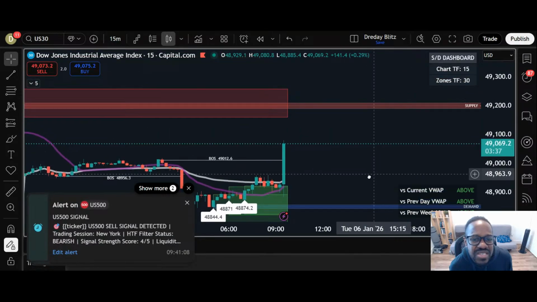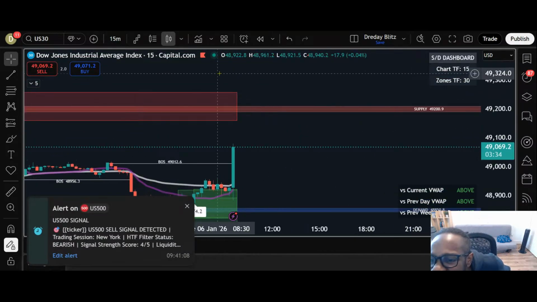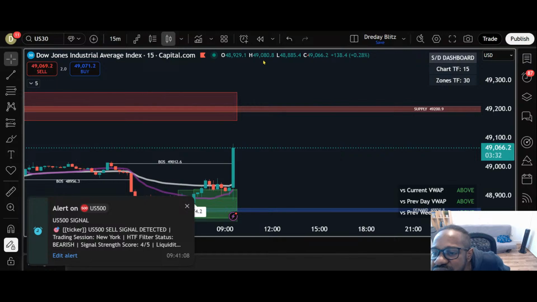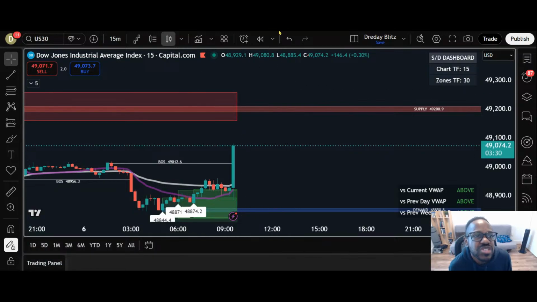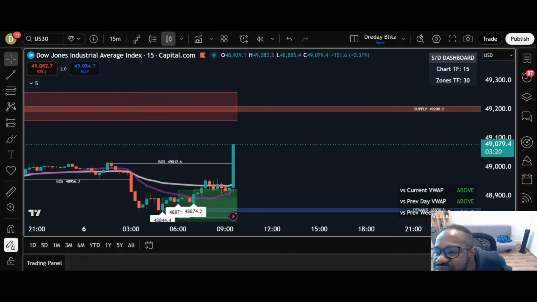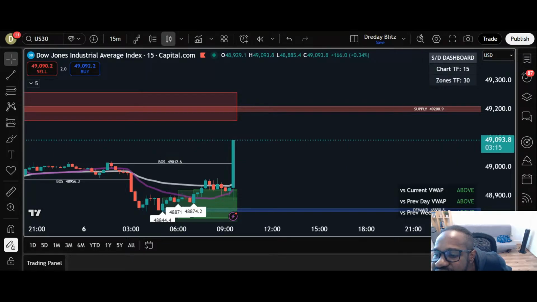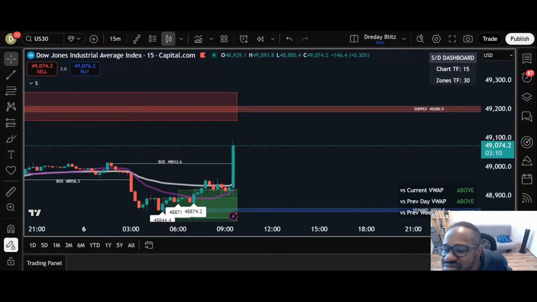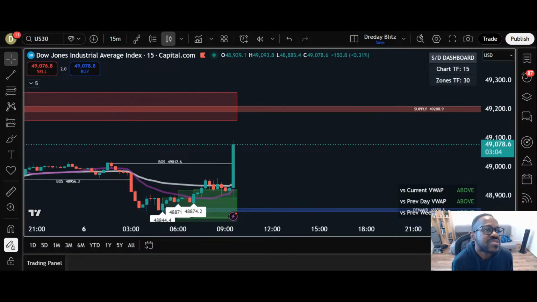Breaking. So the next supply zone here is at 49,200. So 49,200. Is it 49,200?